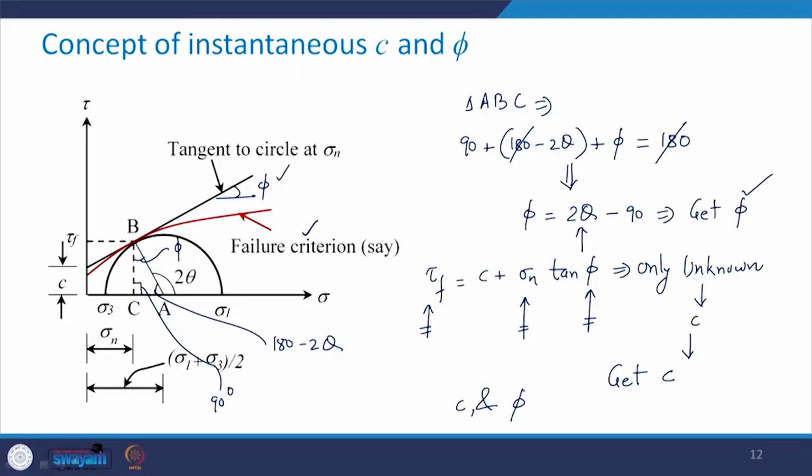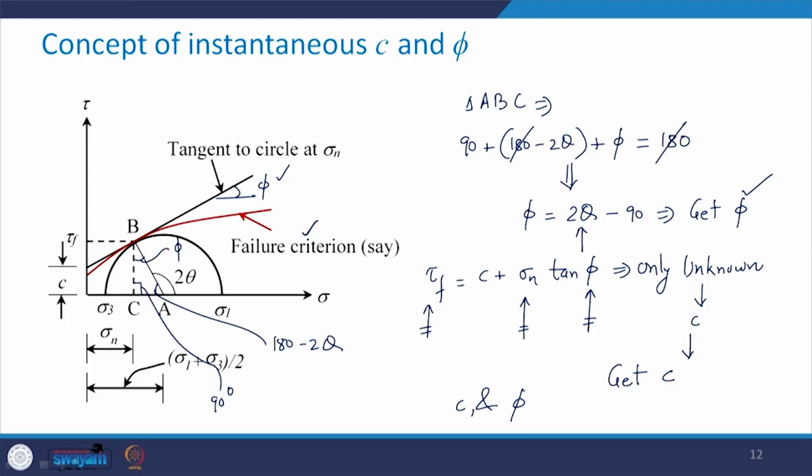But we cannot call it the Mohr Coulomb shear strength parameters, therefore we are calling these the instantaneous c and phi. This is the procedure which you need to follow in order to get this c and phi.